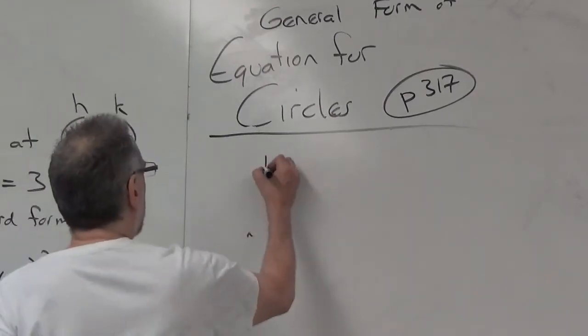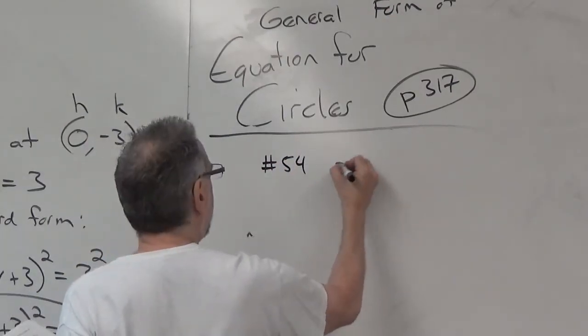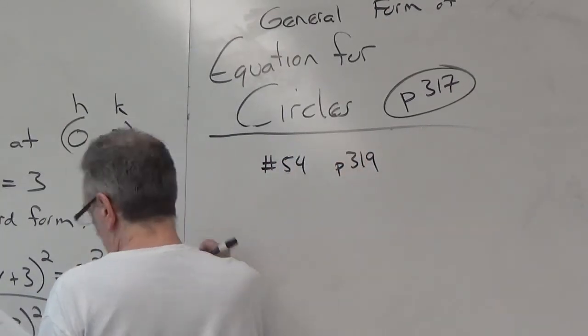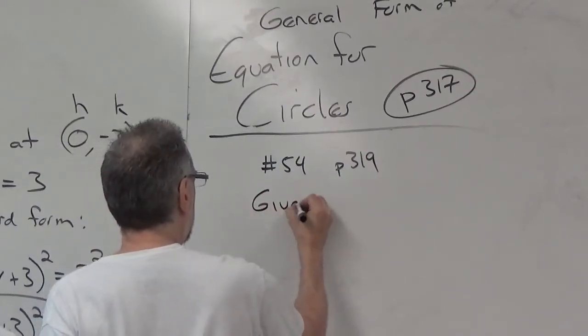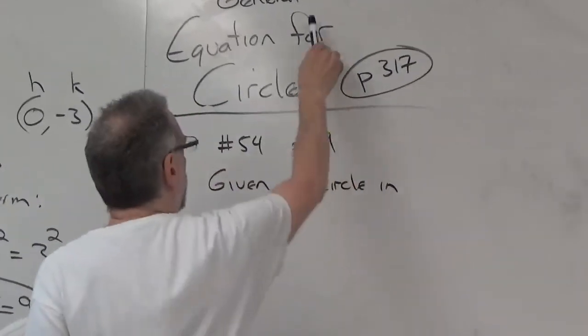So if we look at number 54, on page 319, we're given an equation of a circle in general form.